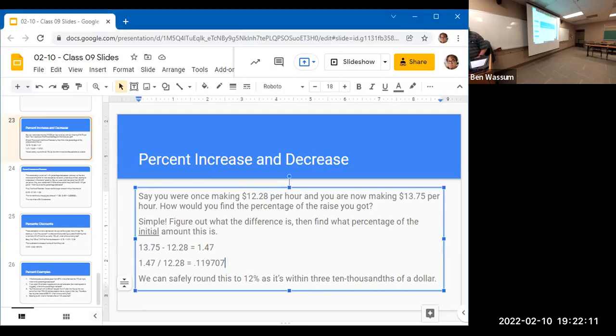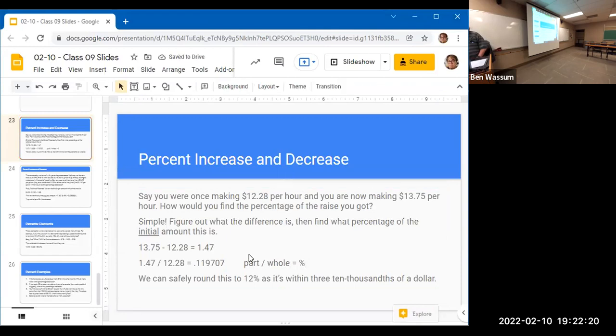I'm going to make a little note on that. So we're kind of using one of the shortcut methods from one of the earlier slides.